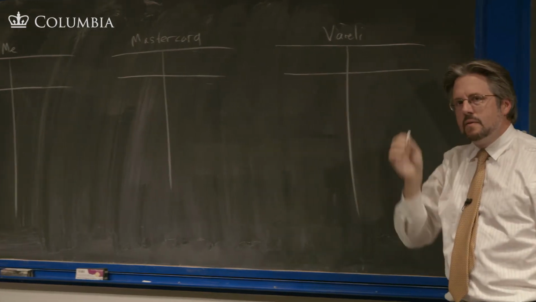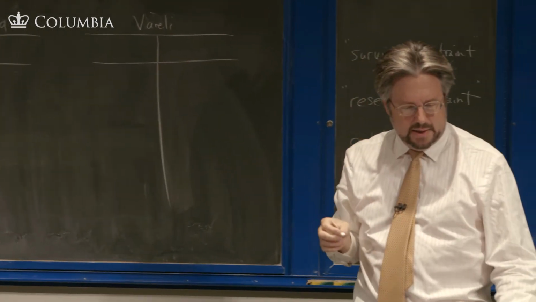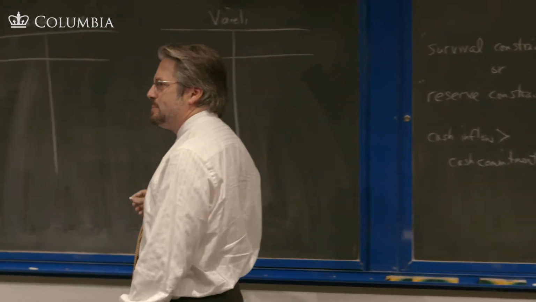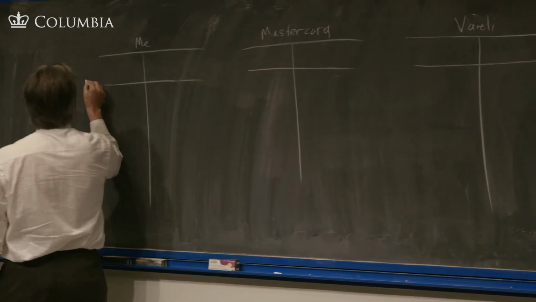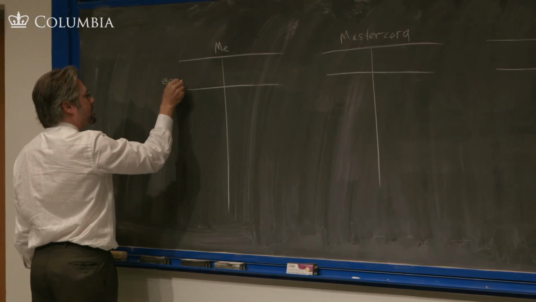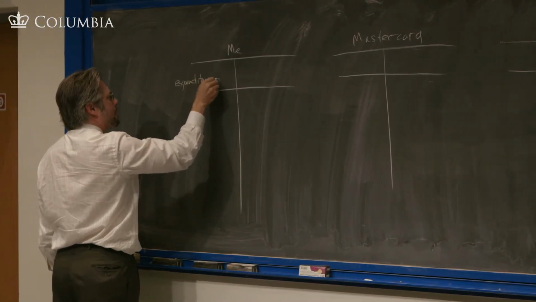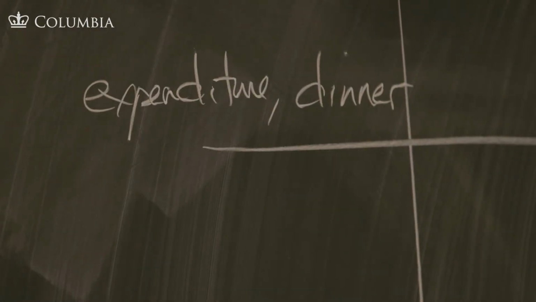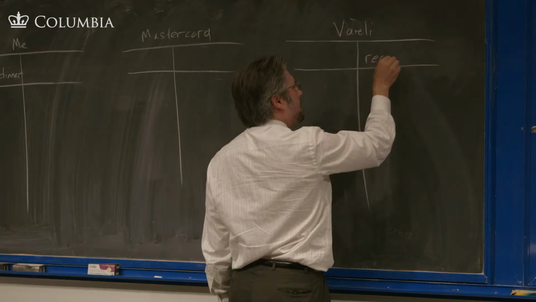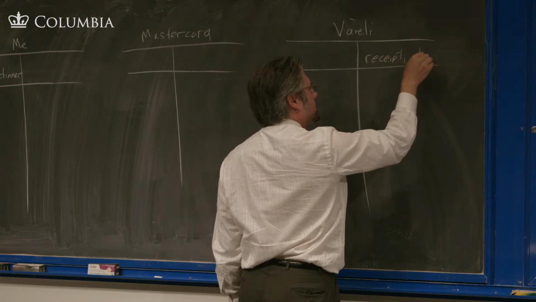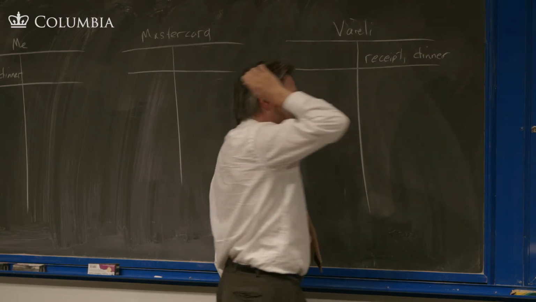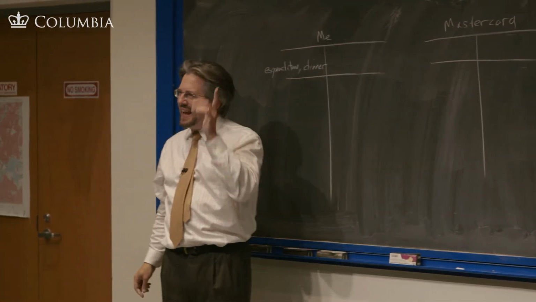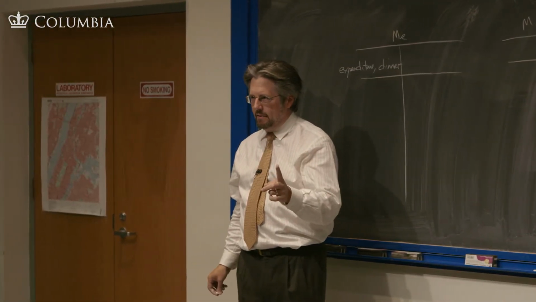Okay. The simplest part of the whole thing, okay, is the dinner. Okay, expenditure on dinner. Okay, and a receipt for dinner. Okay, but what happened at the end of that dinner?